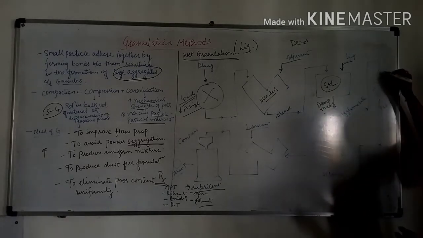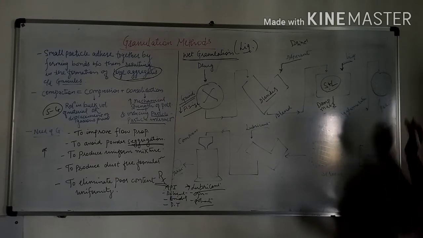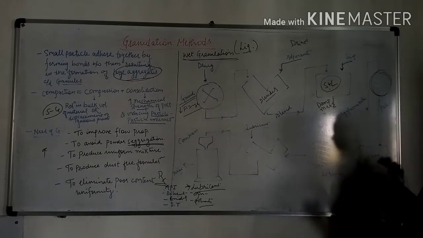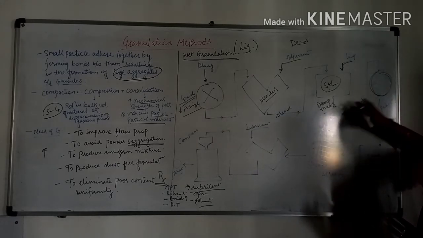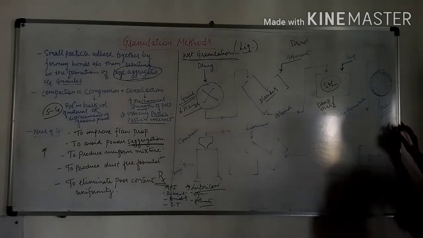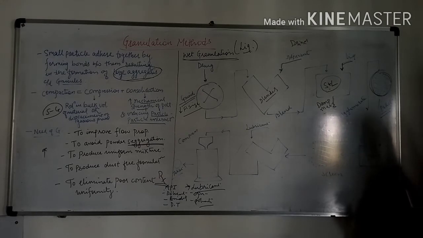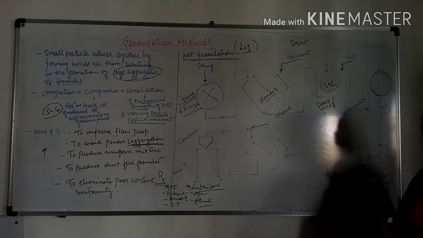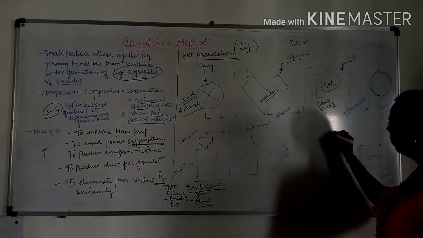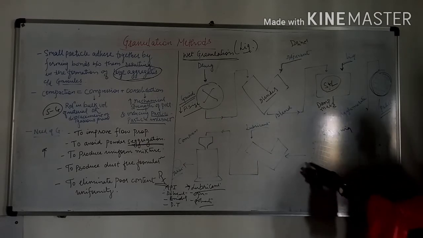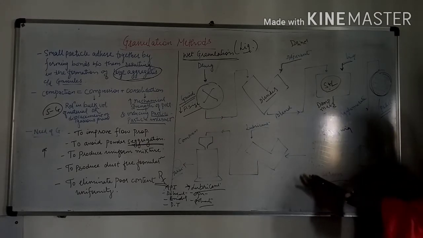We will now screen this content, or make the granules through sieves. After screening this damp mass, we will get some pellets, and subsequently we will dry these pellets in the tray dryer. After the complete drying of these pellets or granules, we will again resize the content. For resizing, we again screen or pass the dried content through the sieve.